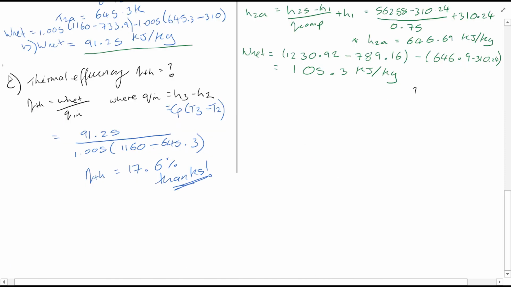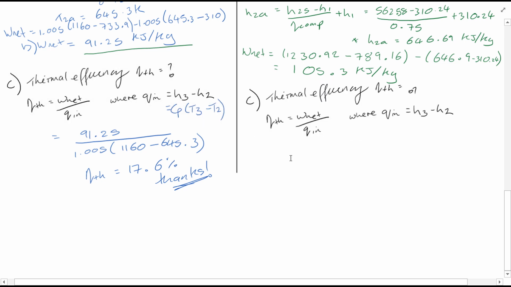So looking here, you can see the same equation, which is highlighted in black, still applies. And it's a fairly straightforward calculation. We know the values for H3 and H2, and we also now know W net because we've just calculated it in the previous question. And that gives you a value of 0.18 and therefore 18%.